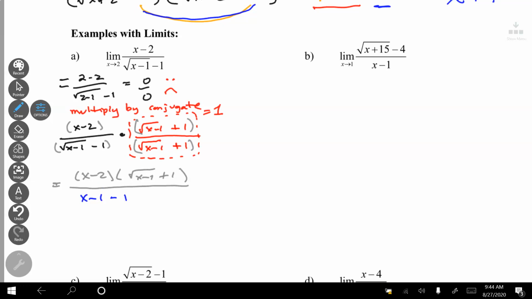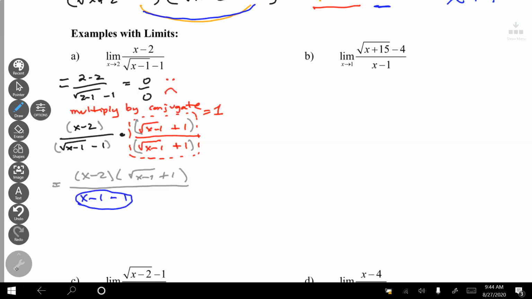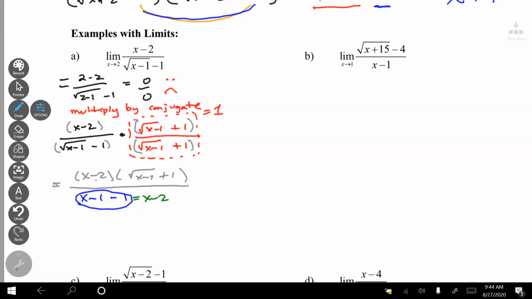And now my whole denominator is really x minus 2. And now I notice I have x minus 2 on the top and bottom, and they cancel out completely. So what's left over? The square root of x minus 1 plus 1. But now I'm plugging in the limit.